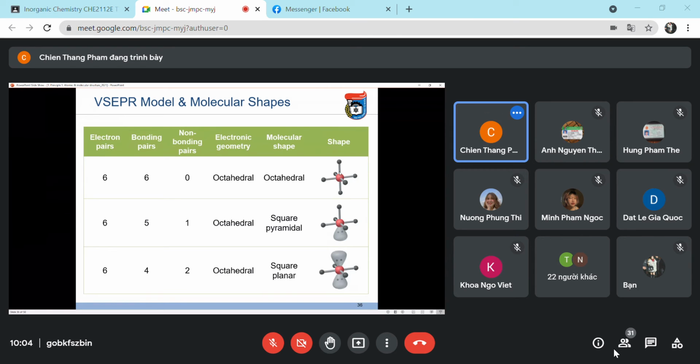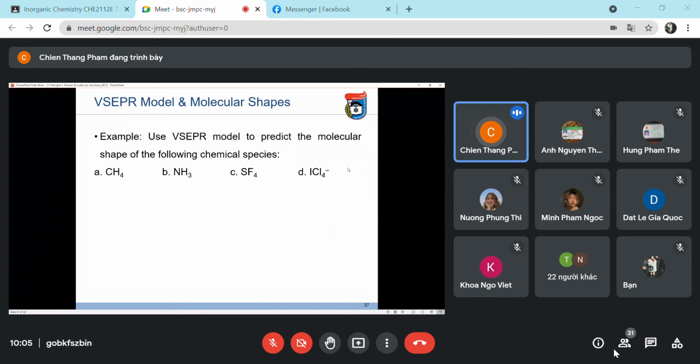You can infer the molecular shape from the basic geometry. For example, start from the octahedron, and you remove 1 position, then the second position, and you can obtain the final molecular shape. Okay, so now we can consider some examples here with the VSEPR model.